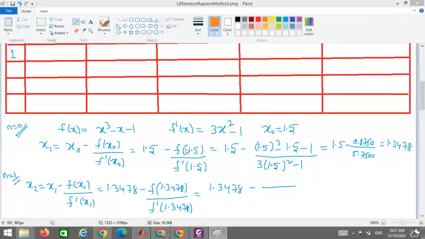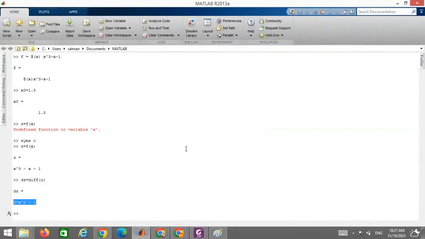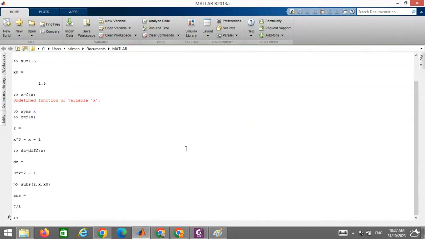This is a very important problem. You do the substitution with the help of a function called subs, which I'll show you. We substitute in function z, which is a function of x, the value x naught. But it will give you some p by q form. Now I don't want this answer as a rational number. I want it as a decimal, like if you divide 7 by 8, how much?